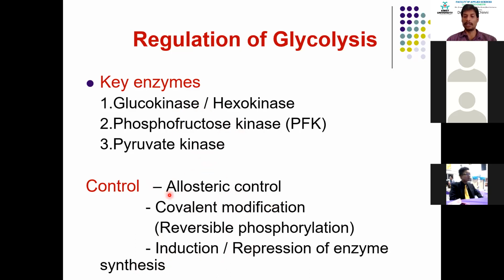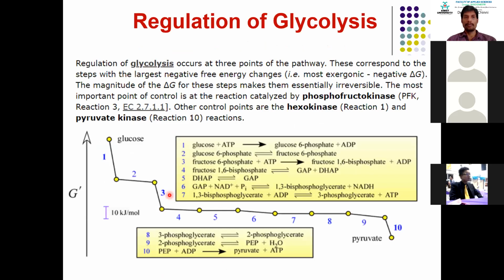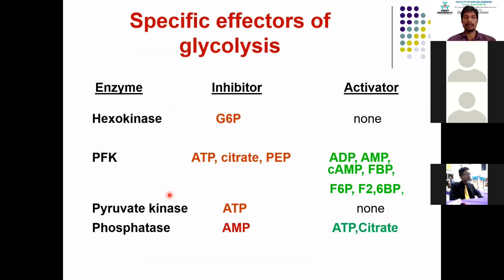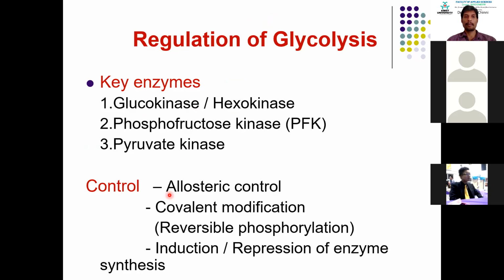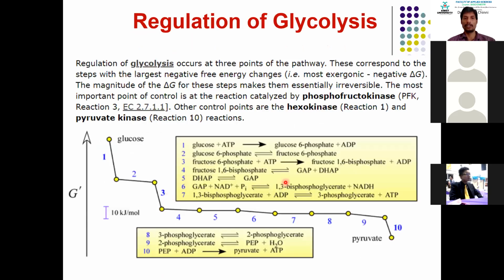What is meant by allosteric control? These are the 10 reactions, right? Among these 10 reactions, which three are controlling? The black thick arrows show reactions that go in a single direction only, if you observe. All the others are two directional, so either forward or reverse is possible.